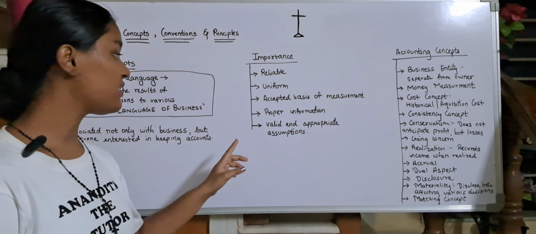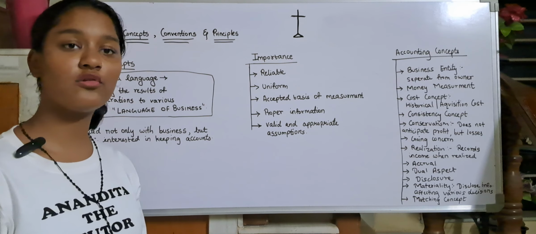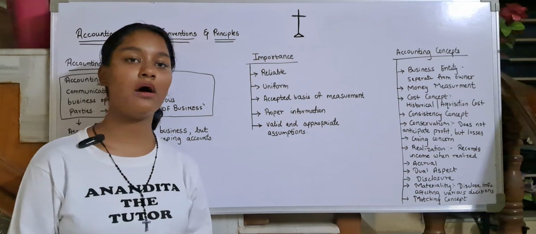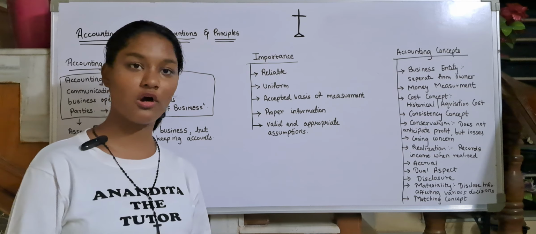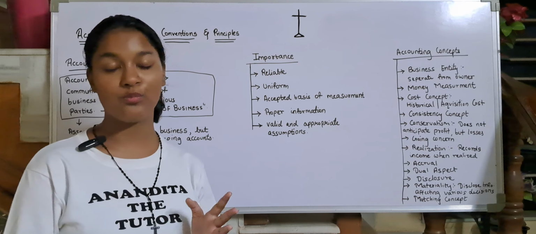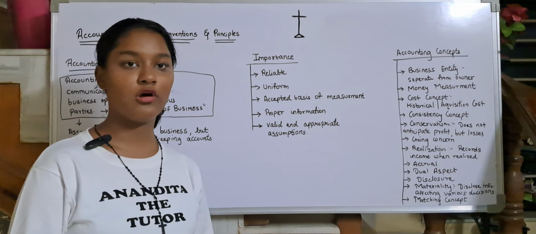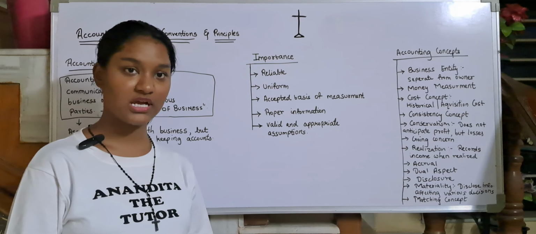Getting it? Next, it gives proper information as to how much the business purchased in raw materials, how much it produced with that raw material, how much were the losses, how much it sold, how much is yet to be sold. All the expenses, losses, everything is communicated properly.